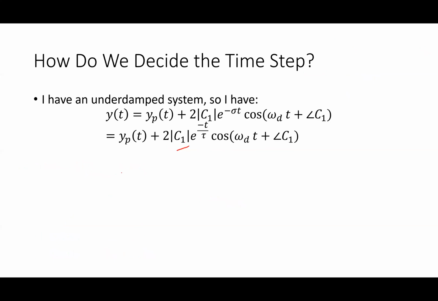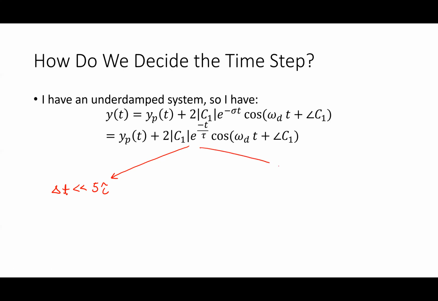I've got two possibilities to capture this whole thing. One possibility is that I want my delta t to be much, much smaller than 5 tau.